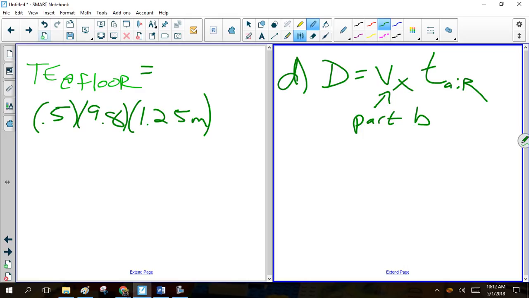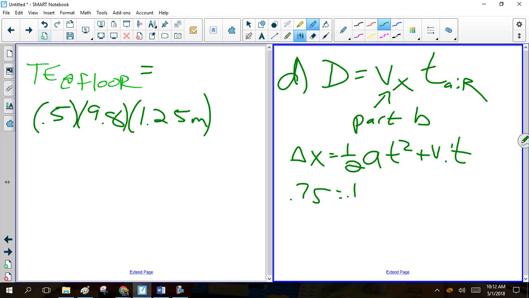So how do we find the time? Yeah, we gotta use this guy. Delta x equals 1/2 a t squared plus vit, right? What do I use as my delta x, you guys? The height of the table. What's the acceleration? Gravity, so 9.8 or 10.